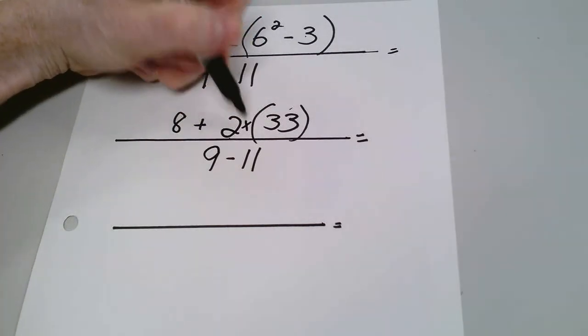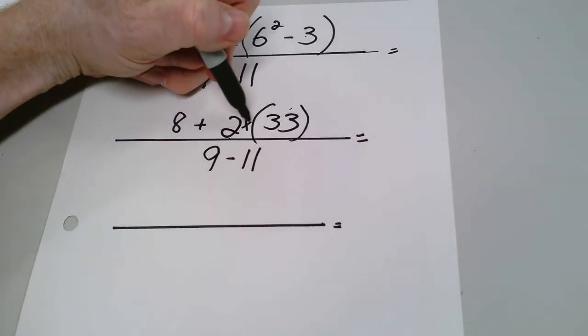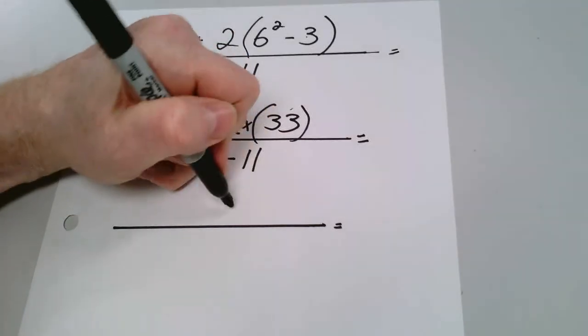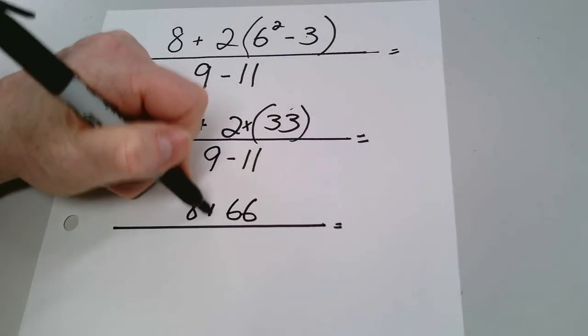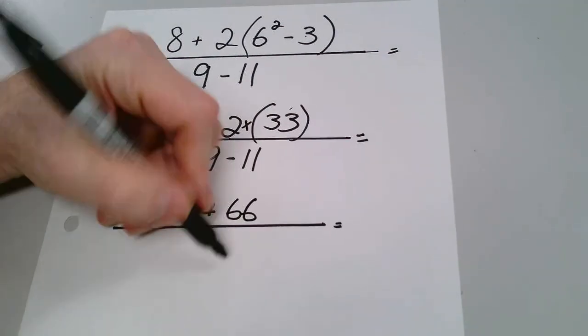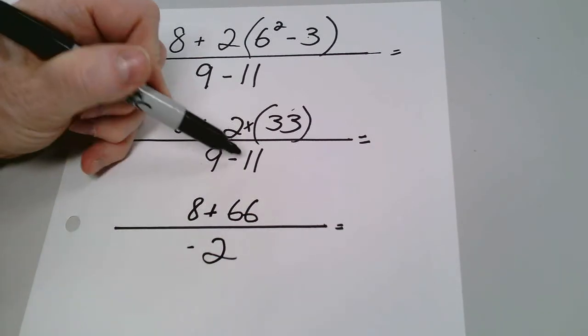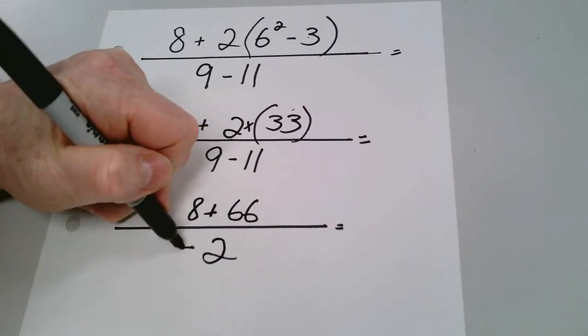So we'll do times before addition. So 2 times 33 is 66. And it's 8 plus that. And on the bottom, 9 minus 11 is going to be a minus 2. We know it's a minus because the minus is bigger than the plus here, 2 bigger.